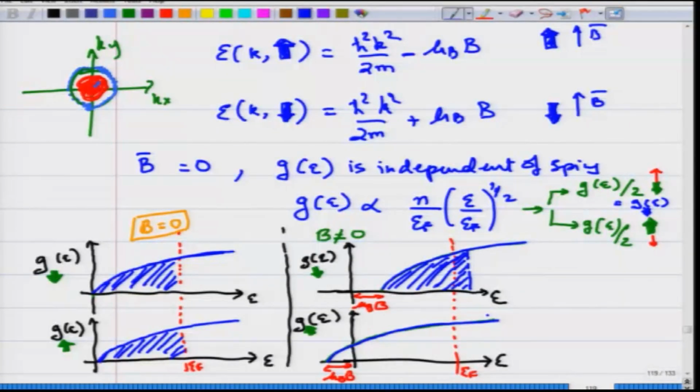And similarly, for the electrons with magnetization parallel to the field direction, these have shifted down. You are not adding or removing any electrons from either, you are just shifting these around by plus minus mu B. So, equivalently this much of electrons have shifted down. These extra electrons have gone above the Fermi energy, and this much of electrons are below the Fermi energy by application of the magnetic field.